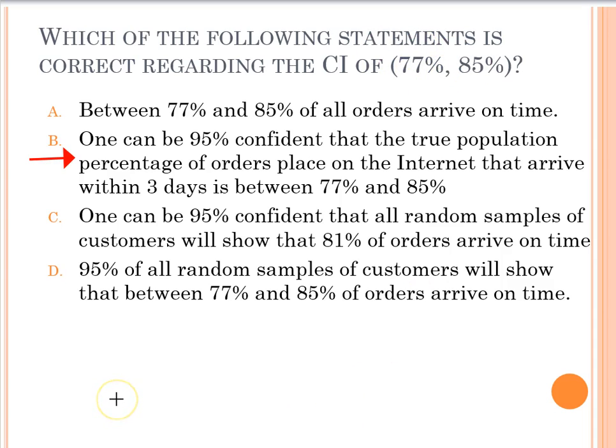Many of the other samples will create different percentages and different intervals, and so it can't be true that 95% of samples will create the same interval. So again, answer 2 is the correct answer because it's getting at the heart of the matter. We are 95% confident that the true population proportion falls within the interval that we constructed.